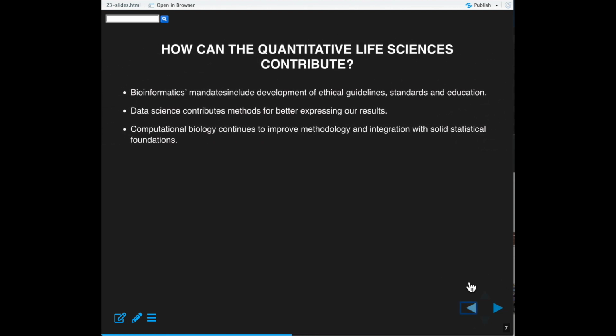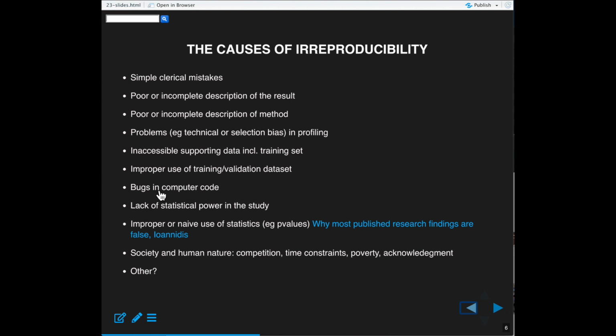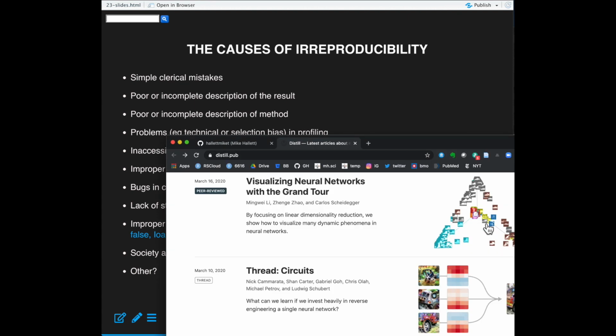It also addresses issues like bugs in the computer code and the inaccessibility of the supporting data, including the training set. Because you can see that, you can start to assess whether they've done the training and validation data sets correctly. It's all there, just sitting underneath the hood. You can download all of that information right there and then.